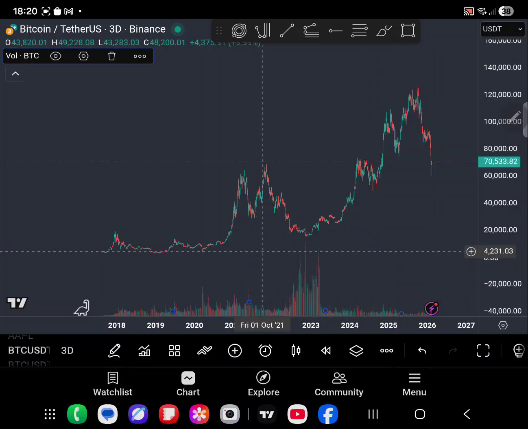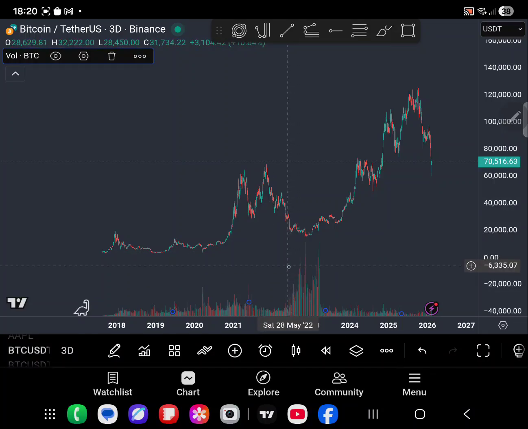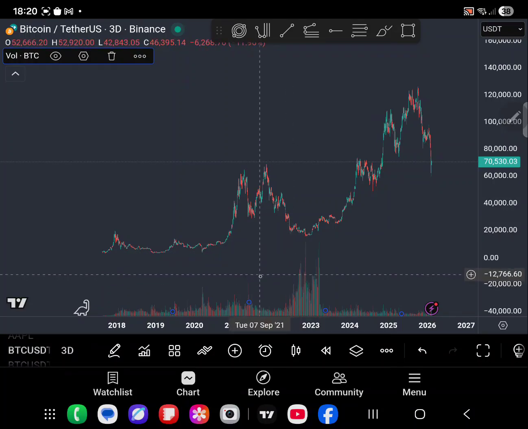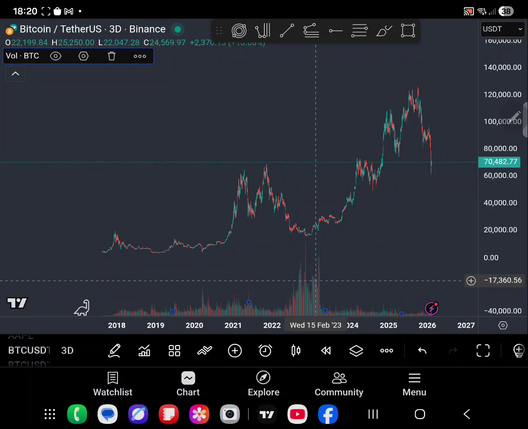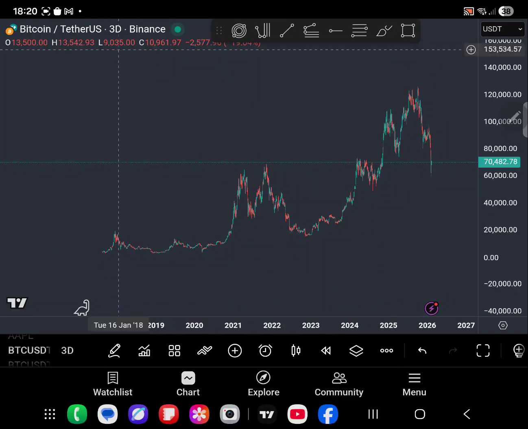So I like to look at Binance against the US dollar because there's more volume. I'm not really that concerned about the volume indicator.